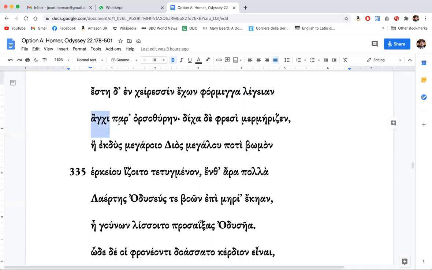He stood nearby, anchi meaning near, and para means by somewhere, para plus accusative. And now a thura, or thure, is a door, and orsothure is a back door. Right, so he was standing near the back door. And so he's trying to sort of stand out of the way. And as we'll see, he is trying to decide what to do.